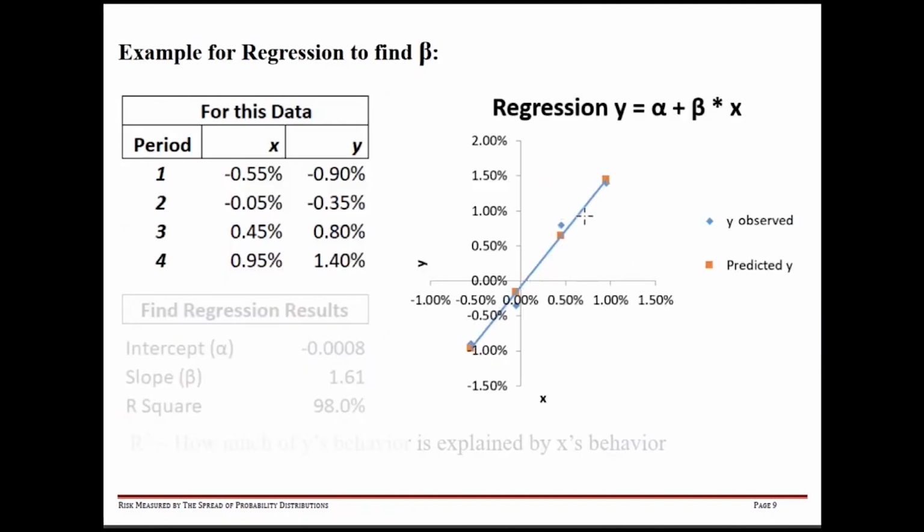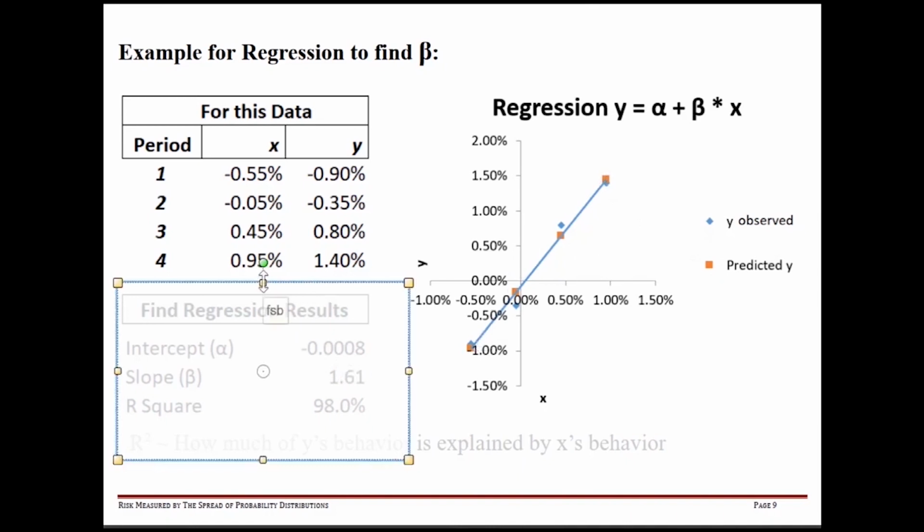So here we go. Here's our regression, and here's our line. Beta is the slope of that line. I've done a regression of y on x for these 4 points. The diamonds are my 4 actual points, and the line and the orange squares are the best-fit line we could fit through there.